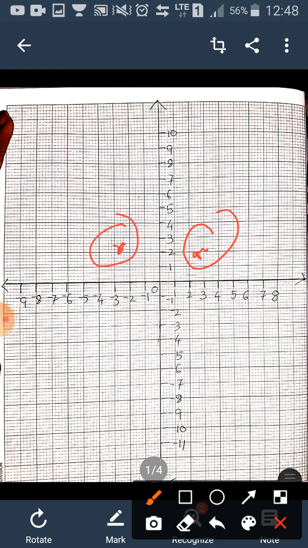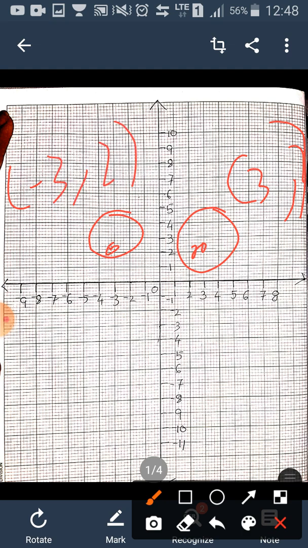Sorry, the point 3 comma 2, if it is reflected along the y-axis, will come over here. So this is 3 comma 2 and this is minus 3 comma 2. As you can see, when it is reflected along the y-axis, the y coordinate remains the same, but the x coordinate changes from 3 to minus 3. Just the sign changes.